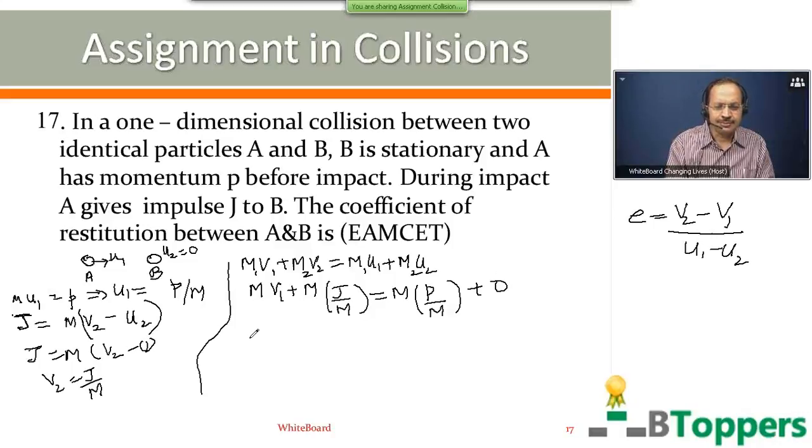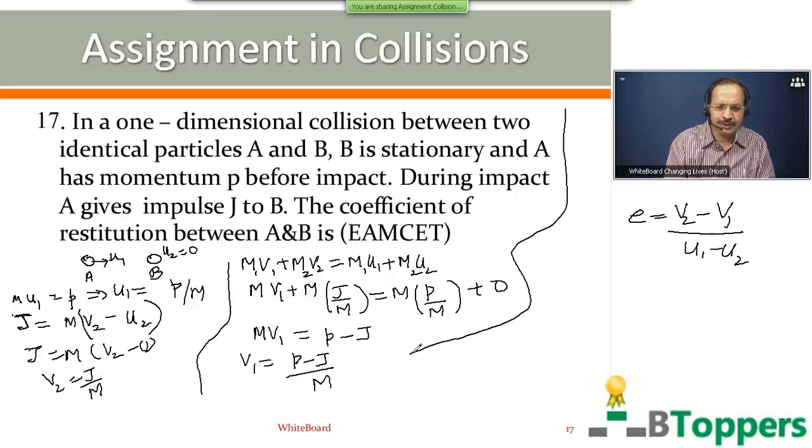So you can solve for v1 here: m v1 equal to P minus J, or v1 you can write as (P minus J) by m.